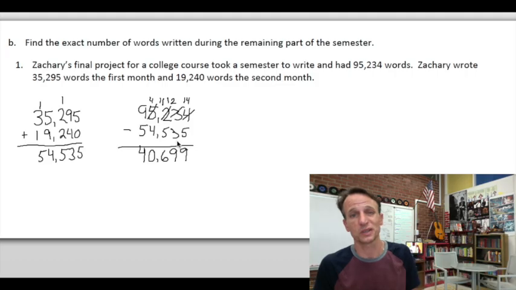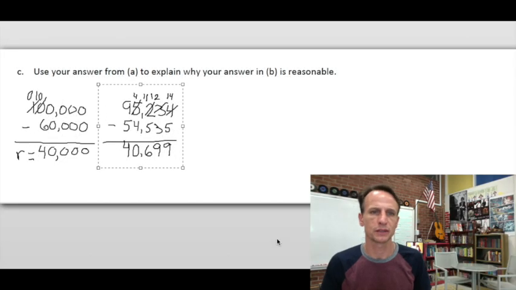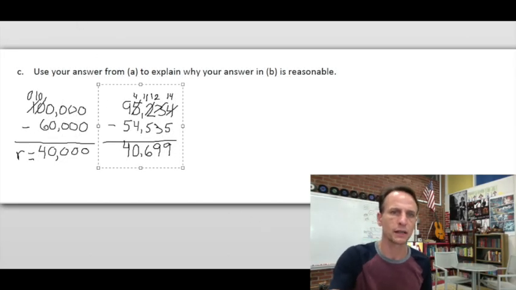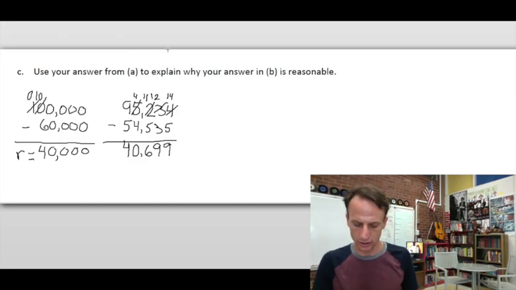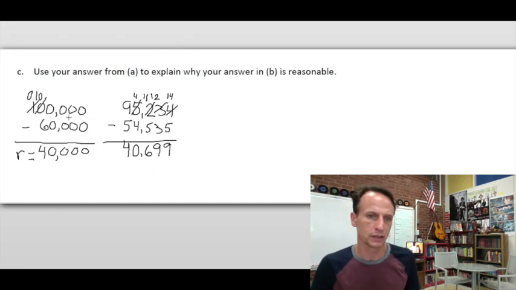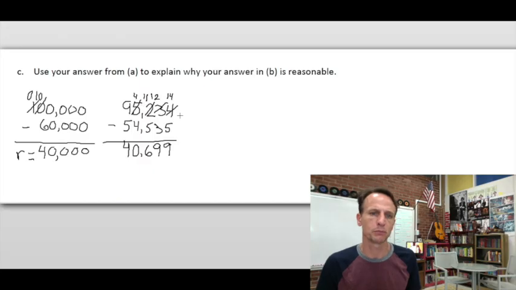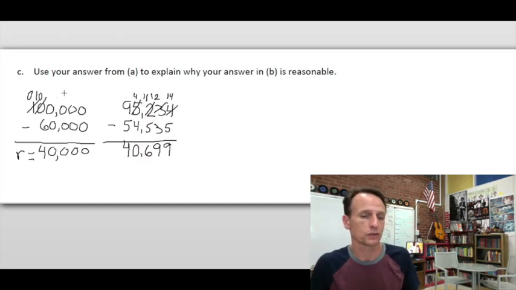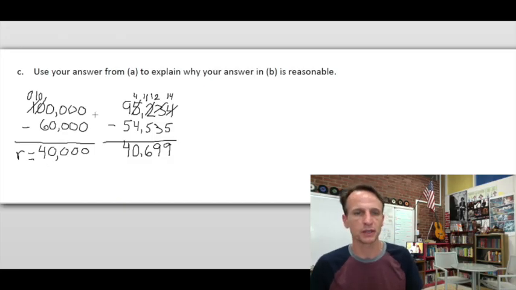And that's actually what question 3 is. Is our answer reasonable? And let's go do that then, part C. Okay, so you can see I cut and pasted over here into part C our estimate from part A, there it is, and then our actual from part B. And so our instructions are then to use your answer from A, the estimate, to explain why your answer in B, the exact calculation, is reasonable.